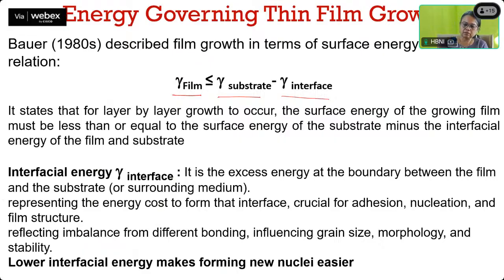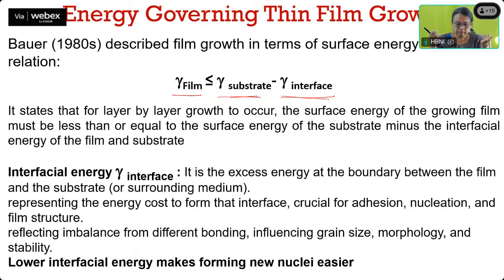So the energy of the film should be more favorable, then only the film will grow. Means the surface energy of the film should be less, then only your system will favor the growth of the film.